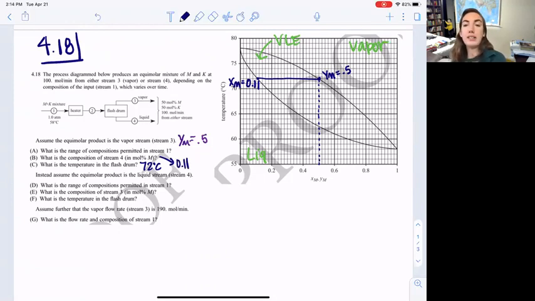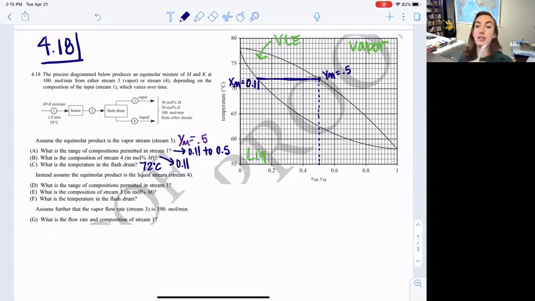And then it's asking what the range of compositions is that's possible in our feed stream. The answer is we just have to be anywhere along this tie line. So that means that our feed stream could be anywhere from 0.11 to 0.5. The way I think about that is that in order for our lever rule to work, we need to have the center of our lever, the fulcrum, somewhere in the middle of our seesaw.